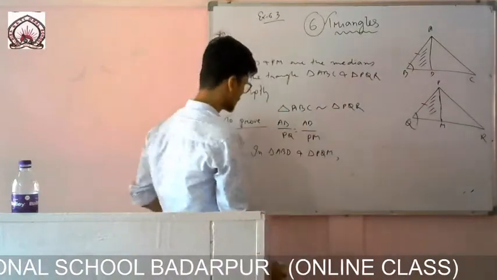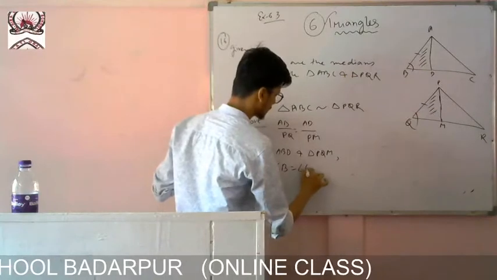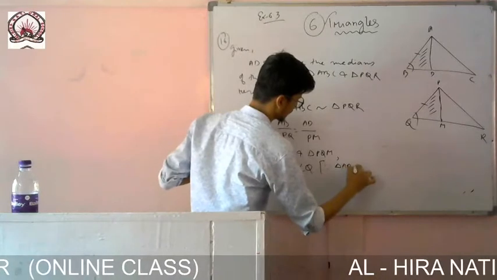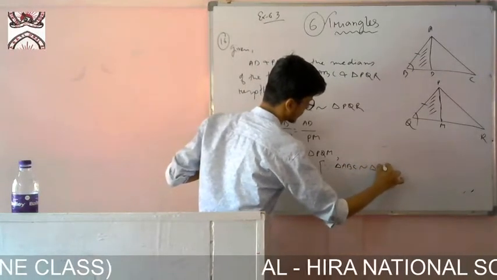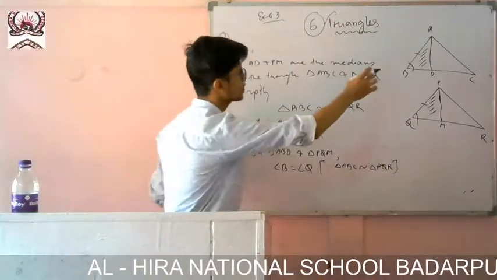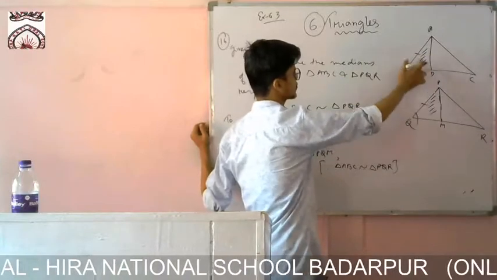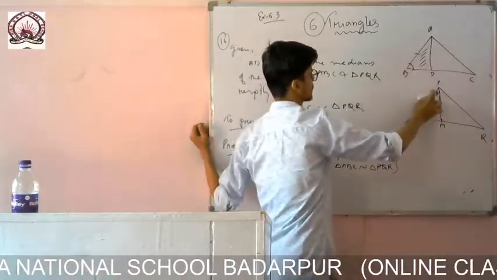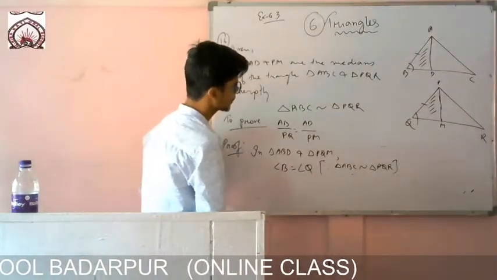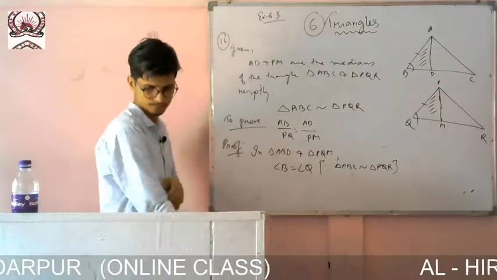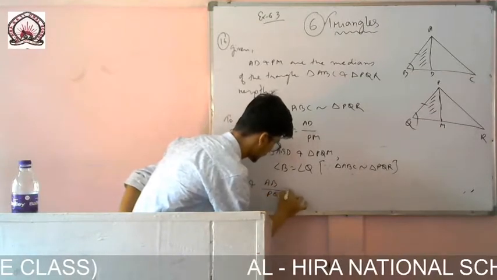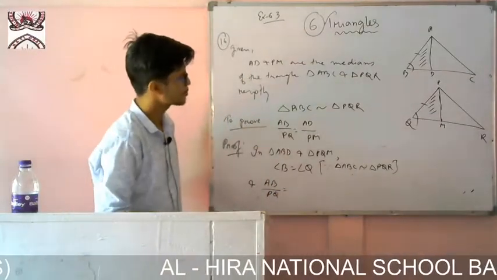So from there I am writing angle B equals angle Q, since triangle ABC is similar to triangle PQR. So one we have got. Now I am trying to make these two triangles similar. If I can show that these two triangles are similar, then this ratio will be equal to the ratio of these two medians. So AB by PQ will be equal to BC by QR.